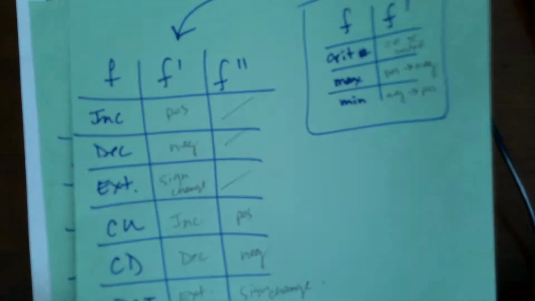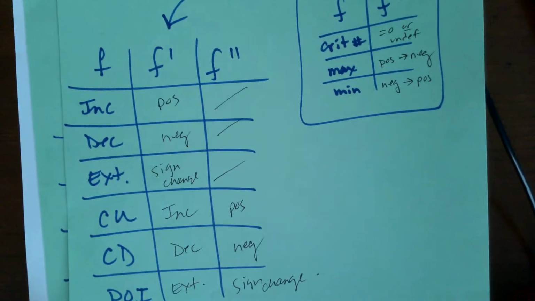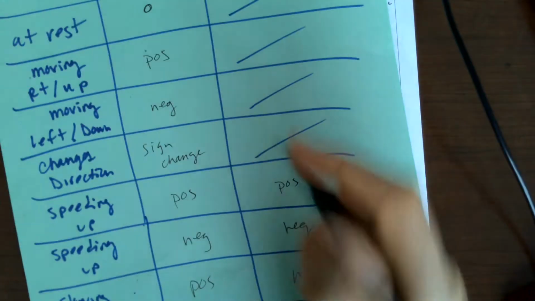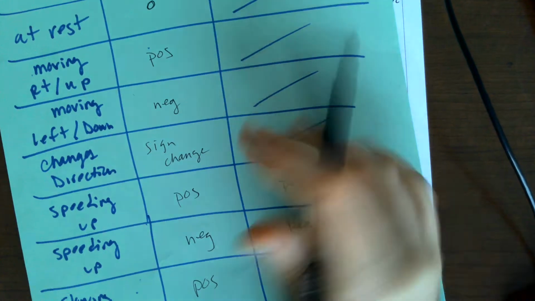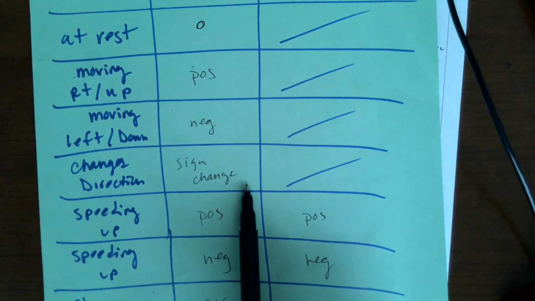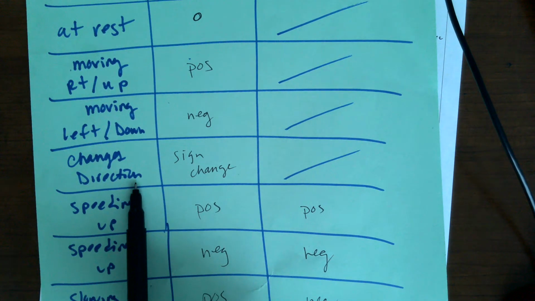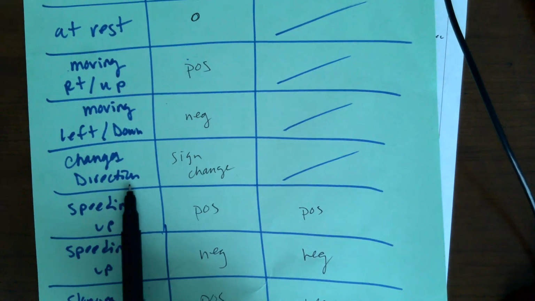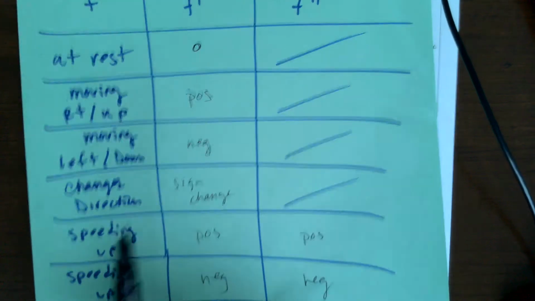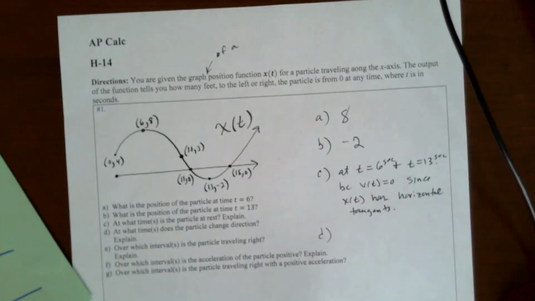That's where you're going to have to layer these tables here. Okay, so a sign change on velocity is going to be indicated how? Well, if you're just looking at this table, you're going to say, oh, it indicates when the particle changes direction, but I don't know, that's kind of unclear just from looking at this graph.